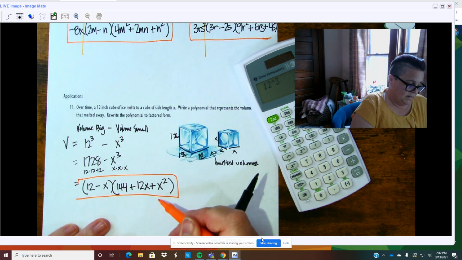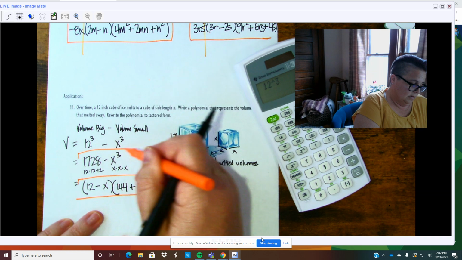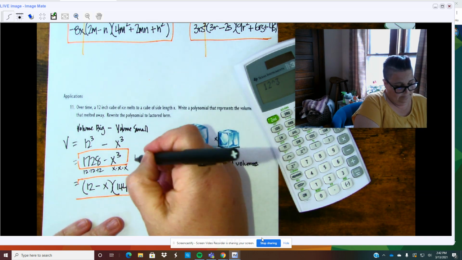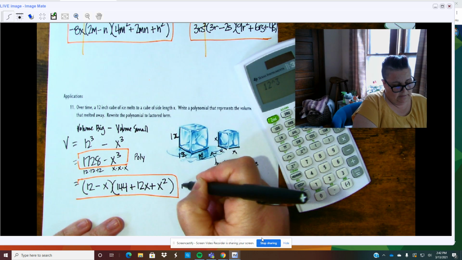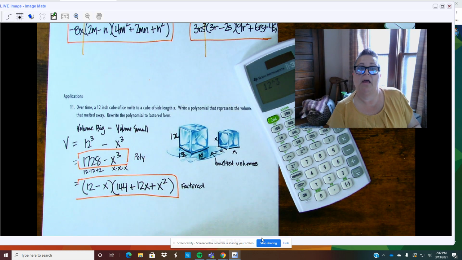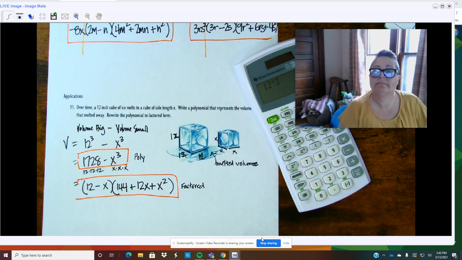So this is the polynomial in factored form, and this is the polynomial. So that's the poly, and that's factored. And I've got both answers.